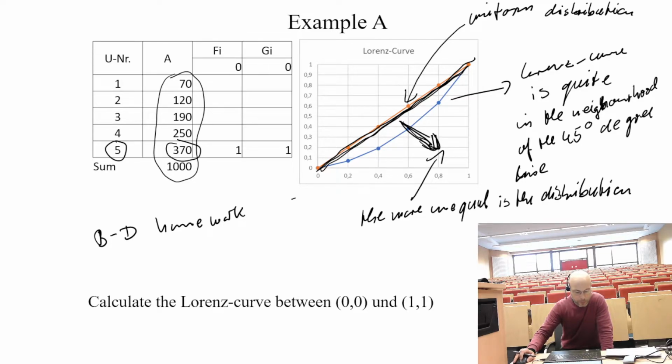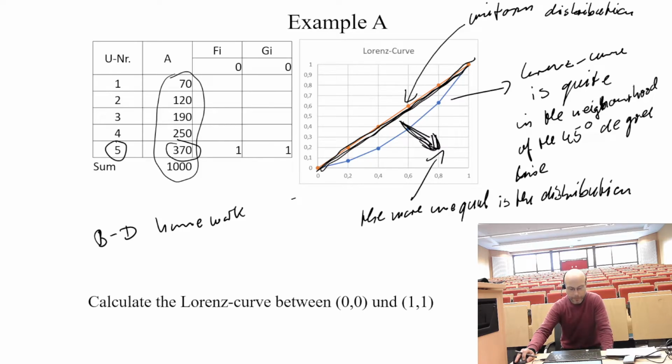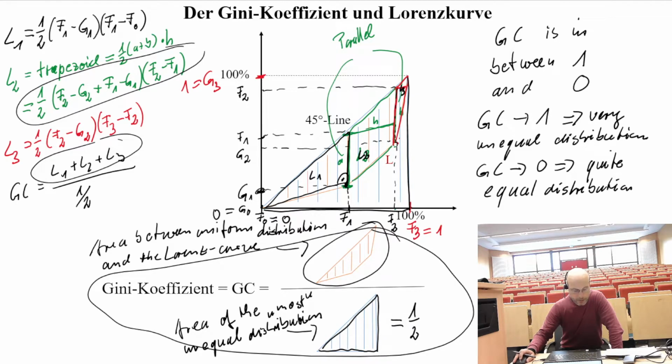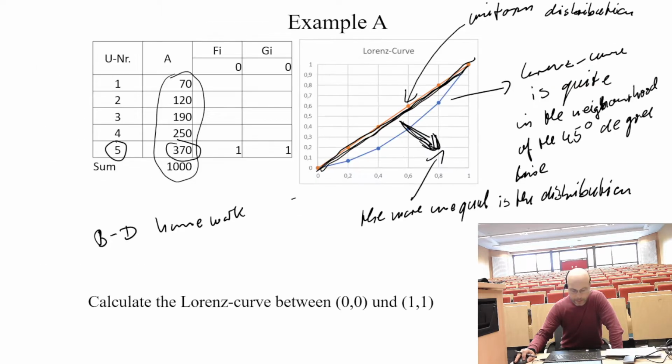Then let's go here. So for this we had also the Gini coefficient, I think, and this was here also 0.8. And now here we want to have the Theil index.